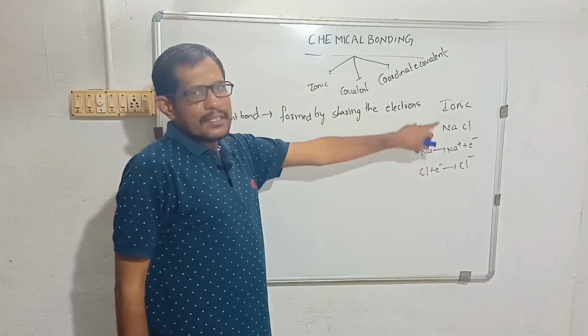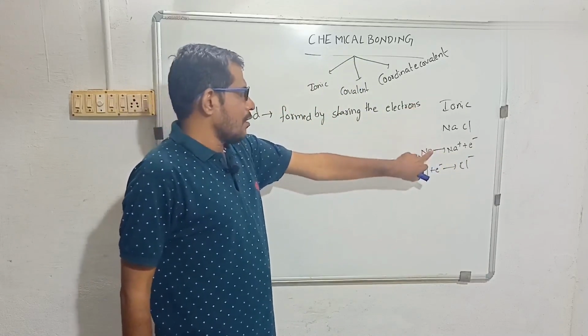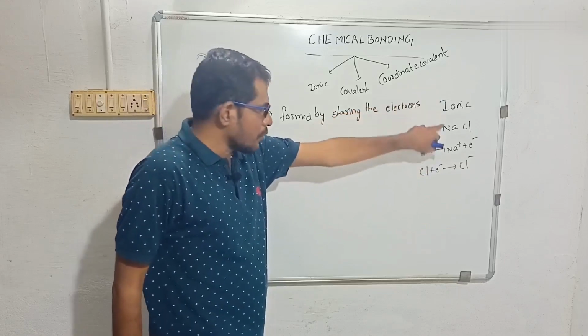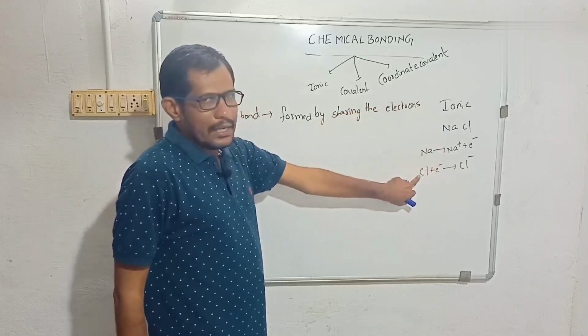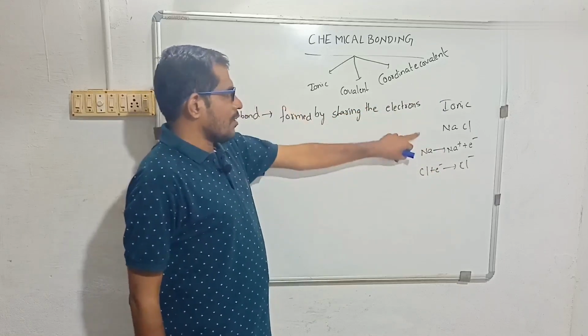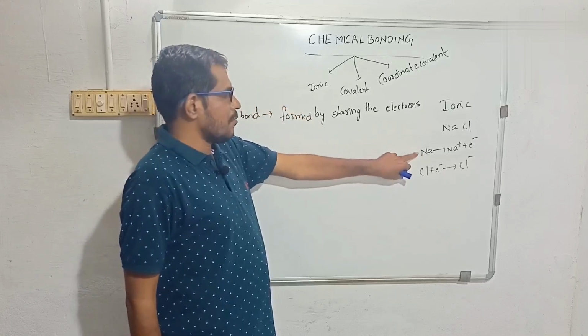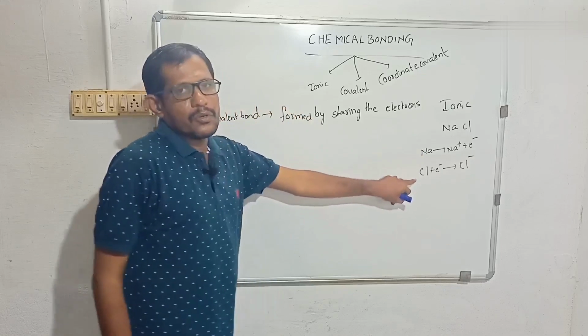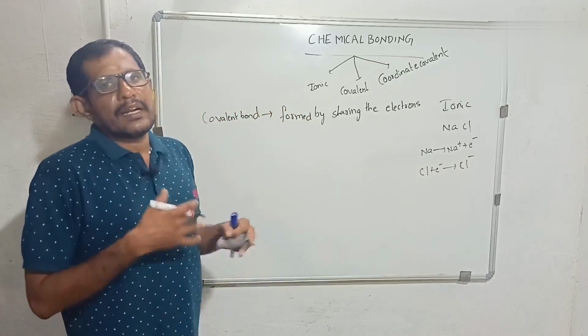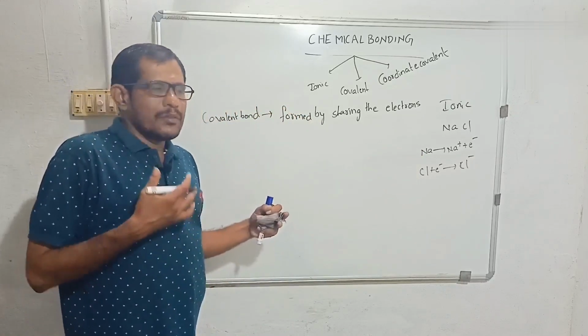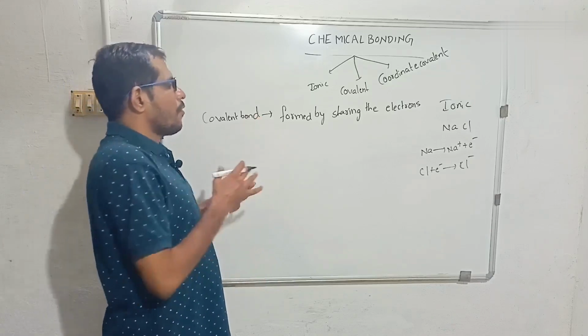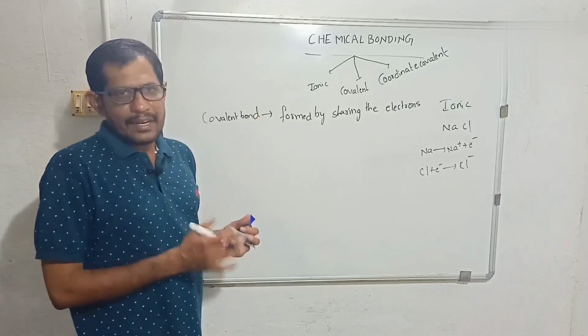The electron released by the sodium is taken up by the chlorine and it becomes Cl minus. So the electron is transferring from sodium to chlorine. So ionic bond is formed by the transfer of the electron from one element to another element, but covalent bond is formed by the sharing of the electrons.